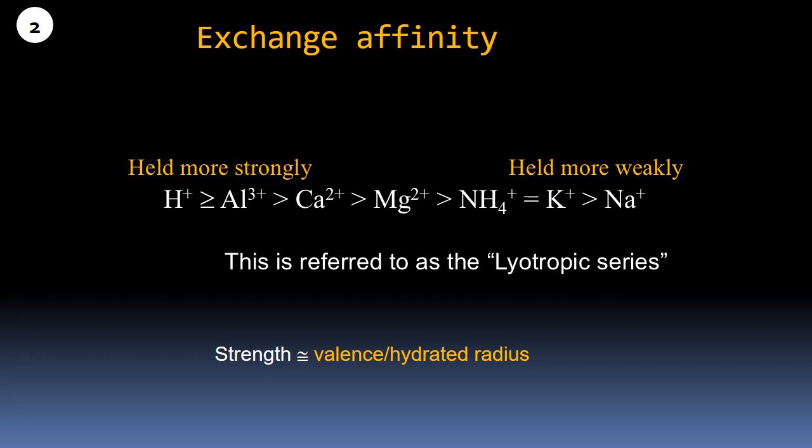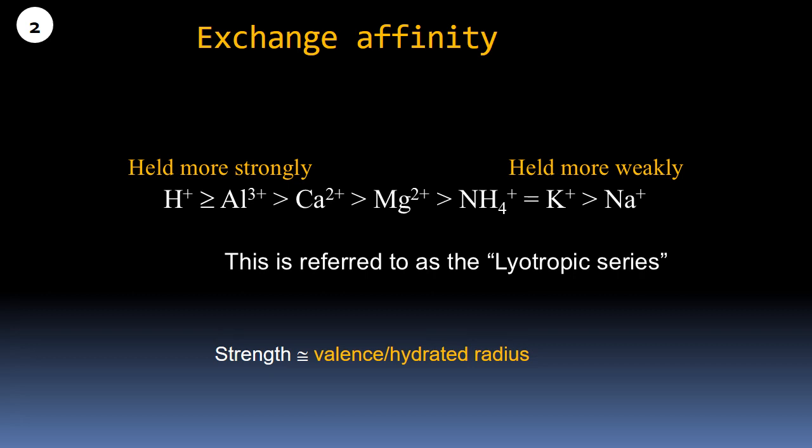Remember, it's not only about the number of charge; we now apply the concept that strength depends on the valence over the hydrated radius. So by this concept, hydrogen is almost equivalent to or more largely held in the soil than aluminum, and both of them will be held more tightly than calcium, and then magnesium, and then any other down here.